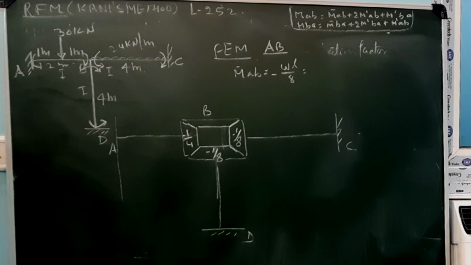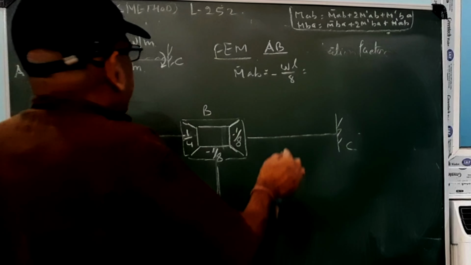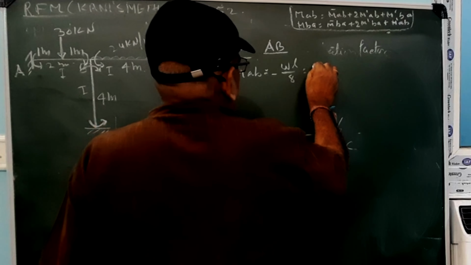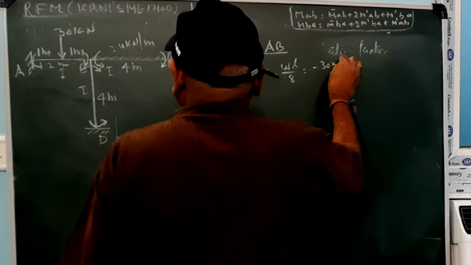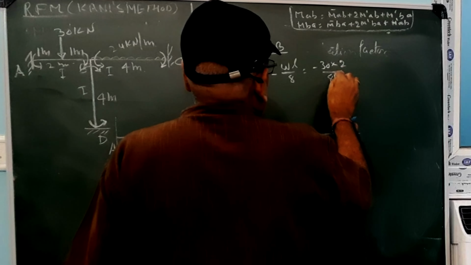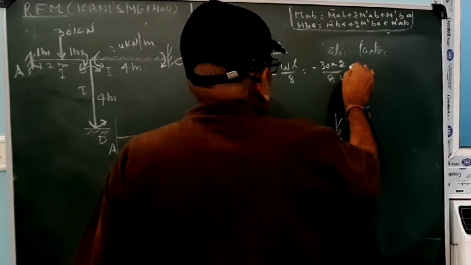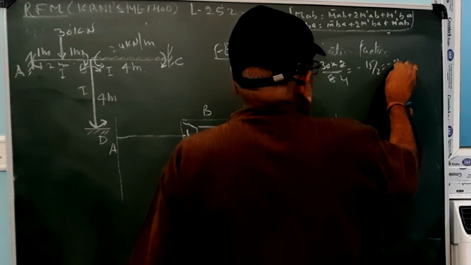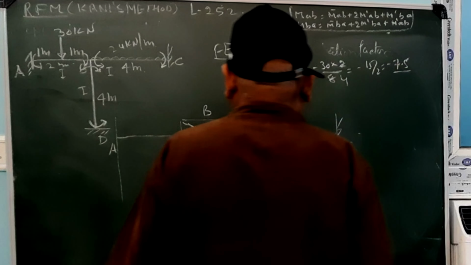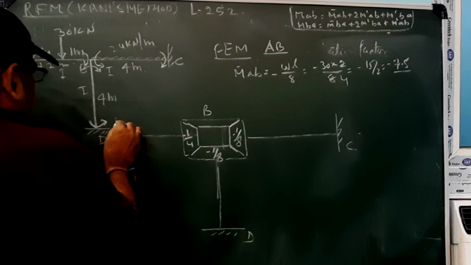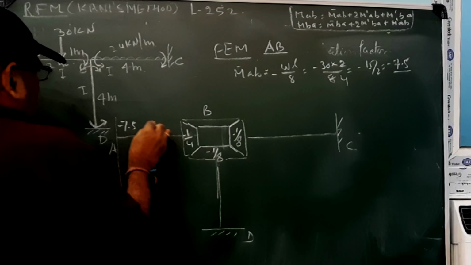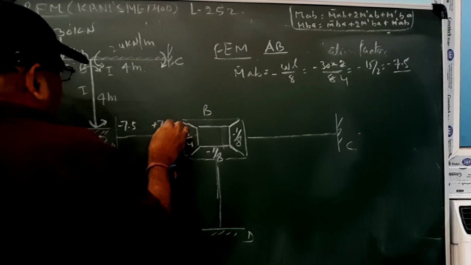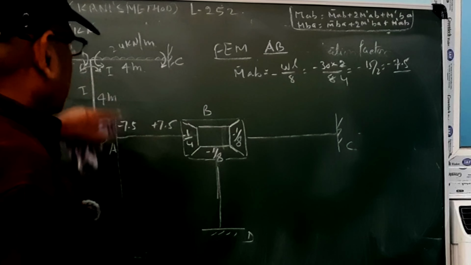So minus WL by 8 means 30 into 2 divided by 8, that is minus 15 by 2, that is minus 7.5. So this is your minus 7.5, and this will be your plus 7.5.